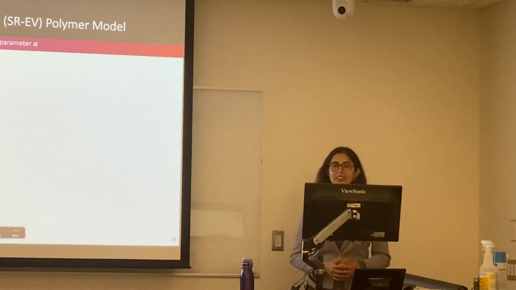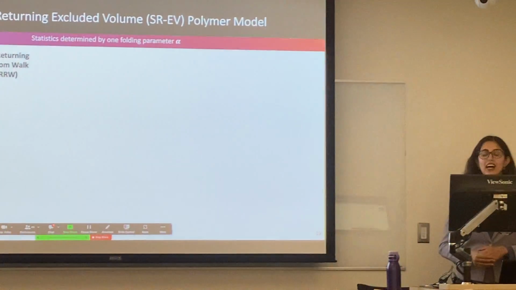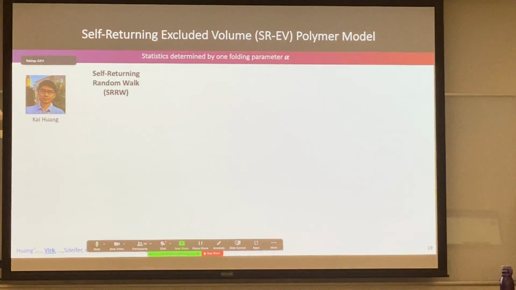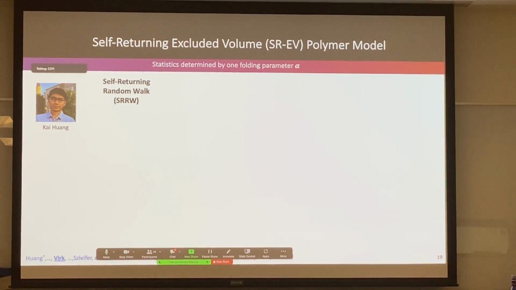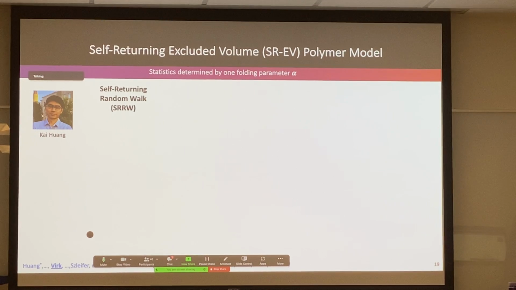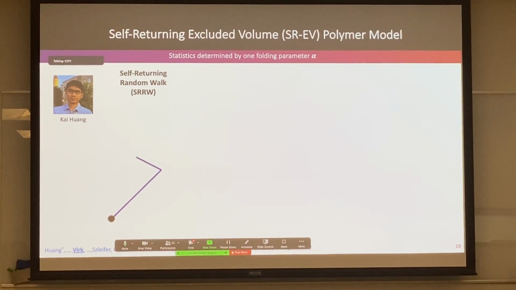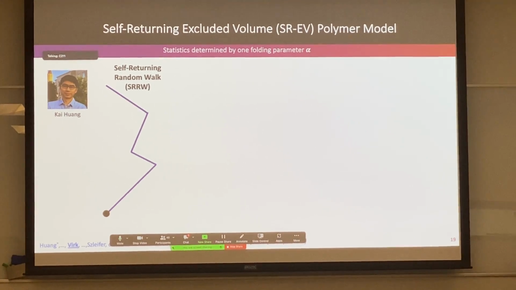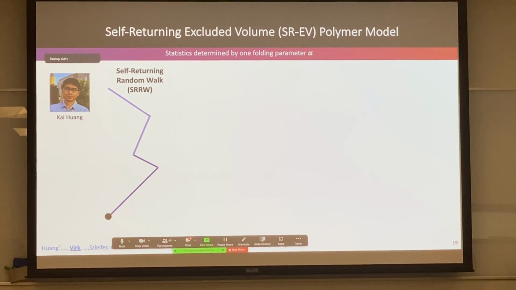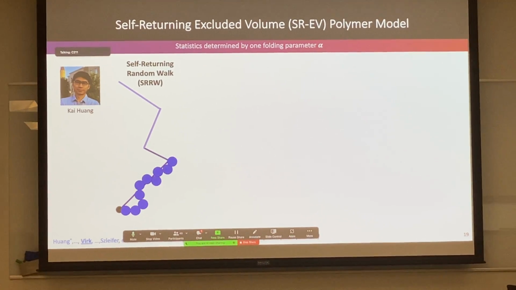And for that, Kai Huang, who was a previous postdoc in Igal Szleifer's group, developed the self-returning random walk, which is able to describe the statistical organization of chromatin structure. Starting from a specific point here, you can either jump forward with heterogeneous step sizes, or you can return back to the previous step. And this is what differentiates it from your traditional random walk.